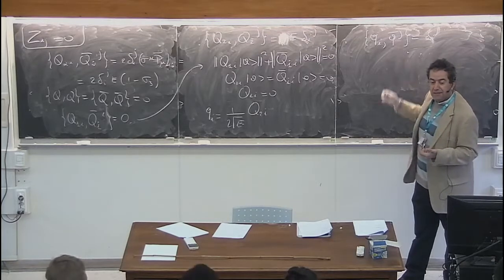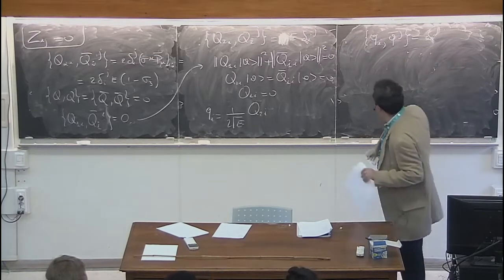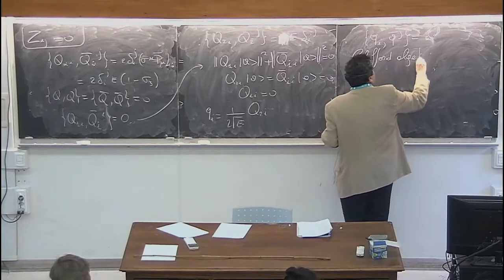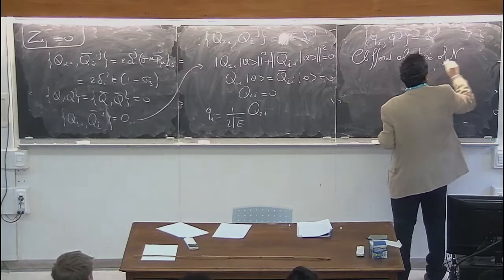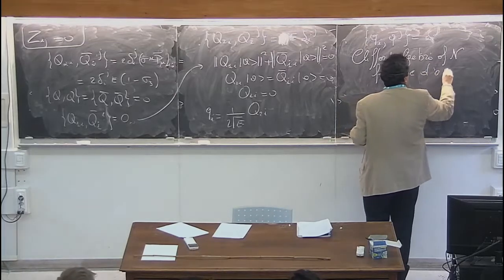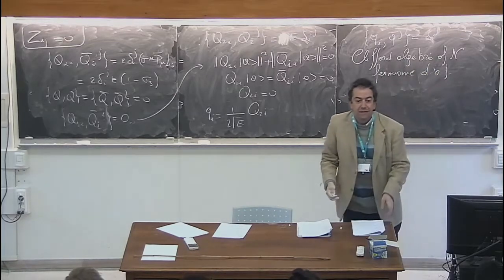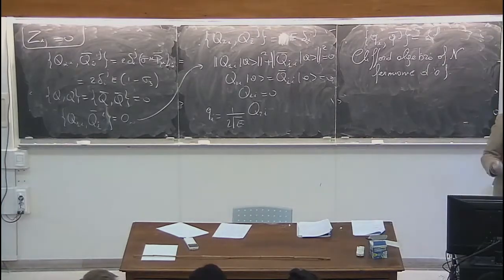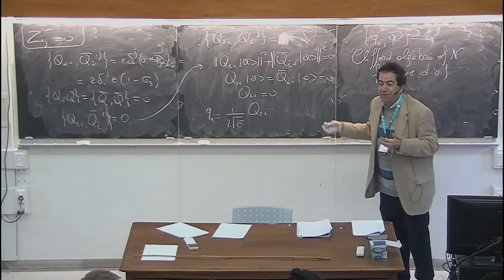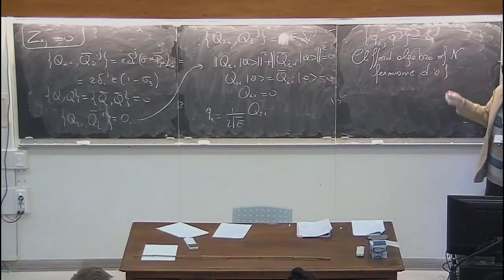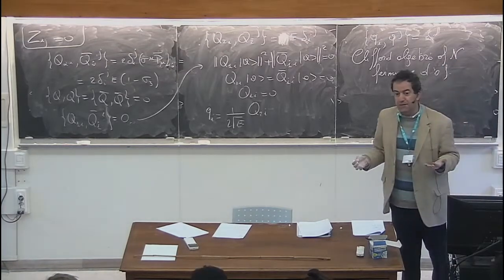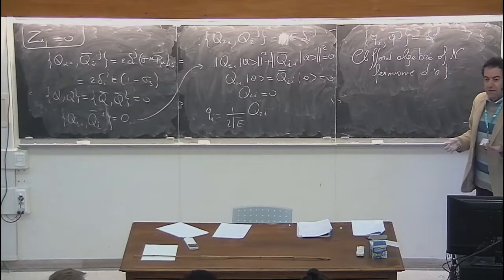But what is this? This is the Clifford algebra of n fermionic degrees of freedom. That is the Clifford algebra satisfied by the creation and annihilation operators of n free fermion fields. And how do we construct irreducible representations of this Clifford algebra?